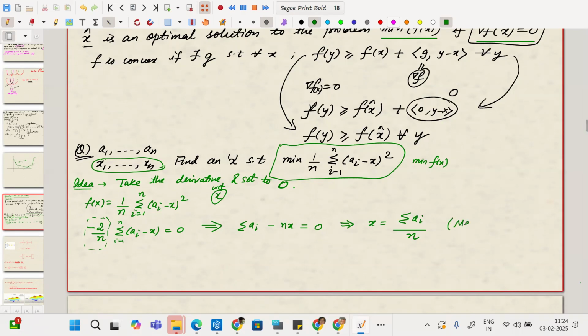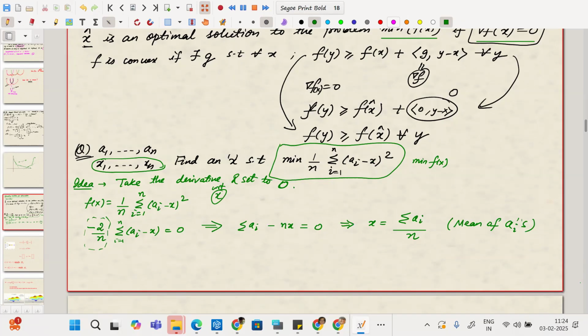That is nothing but the mean of ai's. So if you take the mean of ai's and put it into this value, then it will minimize that function. So for a given data set a1 up to an, if you want to take the sum of the squares and take the average, you can take the mean of ai's, and that will give you the optimal solution. So can you see suddenly how mean came into the picture? We were discussing differentiability, gradients, all those complicated things, Hessian, positive semi-definite.